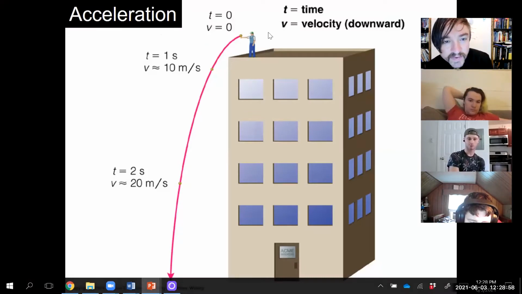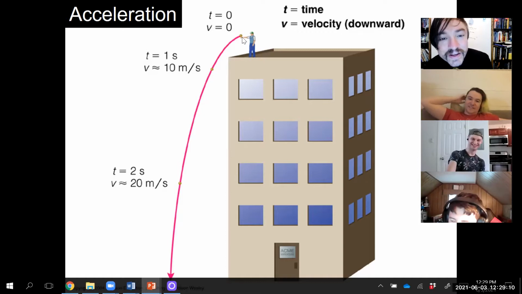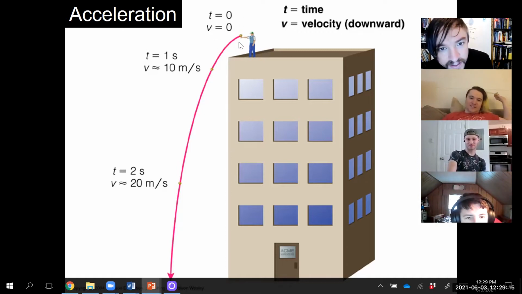So a classic example of acceleration is if you just drop a ball off the top of a building. If you hold it in your hands very still and very carefully, Sage, I don't know if you're afraid of heights or something, but anyways. So you hold it in your hands and the velocity is 0 at the start of the experiment, and you release your hand and the magic of gravity begins to pull the ball down to the ground.